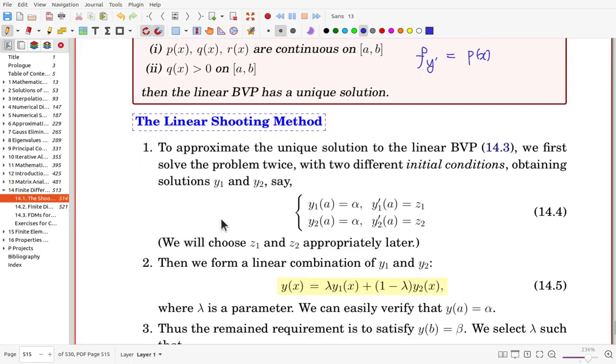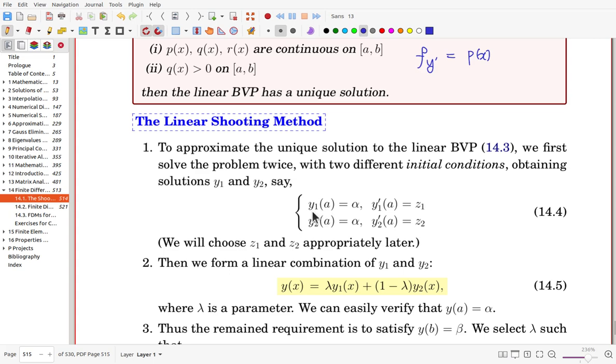Now let's try to solve the linear boundary value problem by using the linear shooting method. In the shooting method, we try to solve the problem twice with initial conditions. For example, we have to get y1 and y2.